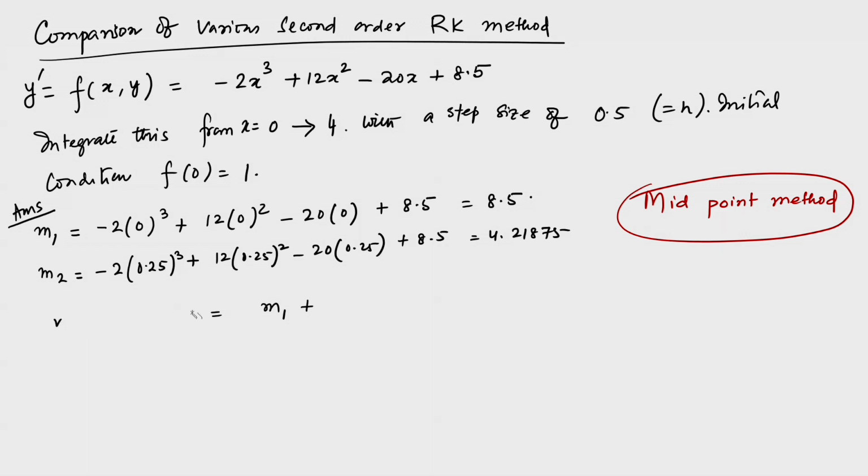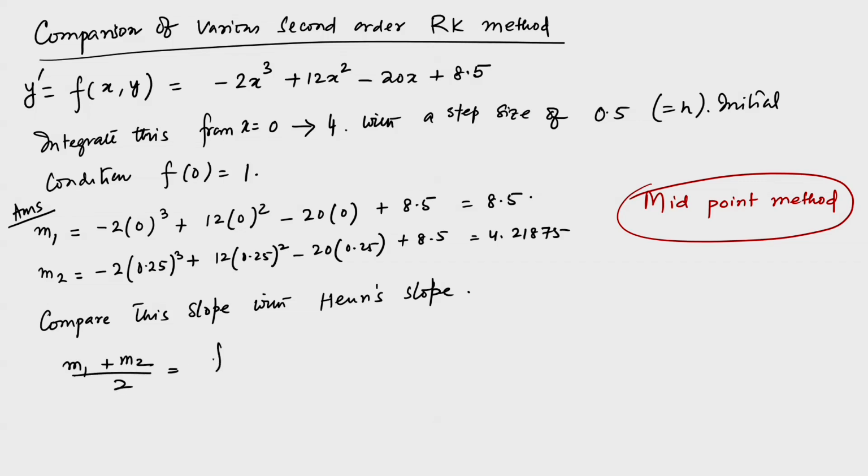Compare the slope itself with Heun's slope, which is nothing but m1 plus m2 by 2, equal to f of 0 plus f of 0.5 by 2.